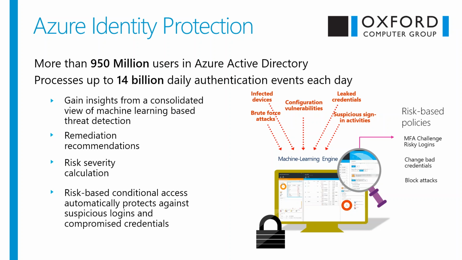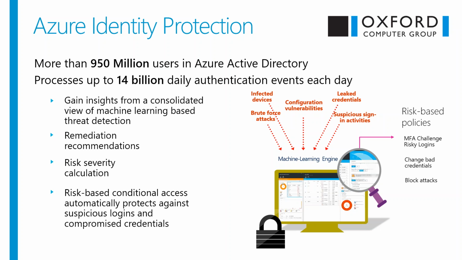And so they're basically able to take what they've learned and seen, and this actually comes from the Xbox Live side of the house, and use it to risk score users, using, again, identity analytics to figure out who are the risky users. Have they gone to do impossible travel? Are there leaked credentials that they may have picked up on the black market? Are there suspicious sign-in activities?